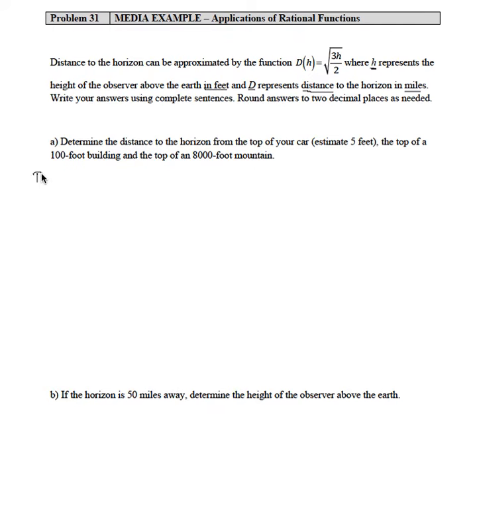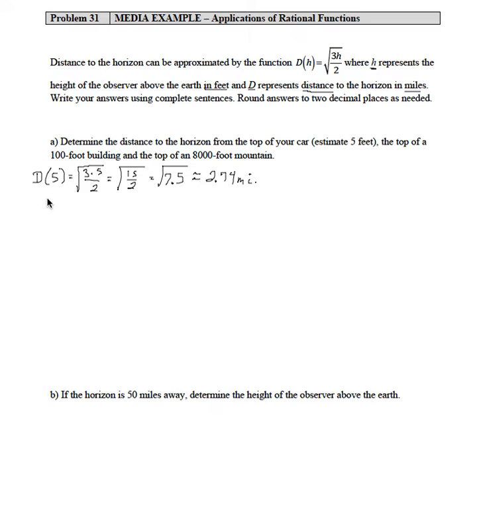We're going to be evaluating d(5), and that's the square root of 3 times 5 divided by 2, which is the square root of 15 over 2, which is the square root of 7.5. If you take the square root of 7.5 on your calculator, you get 2.74 miles.